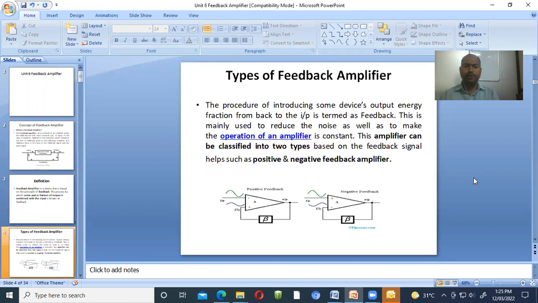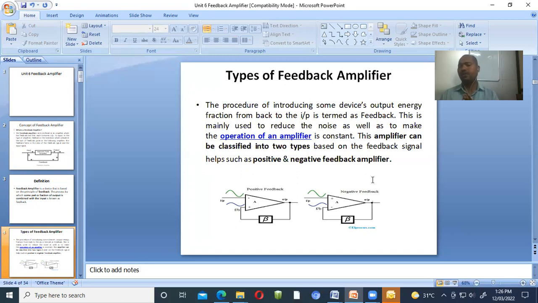Now we discuss the types of feedback. We have already discussed this term generally, but through the diagram we will discuss the particular types of feedback. Feedback indicates that part of the output is again applied to the input.